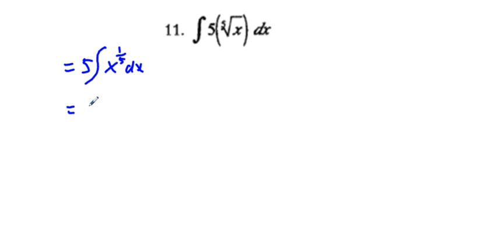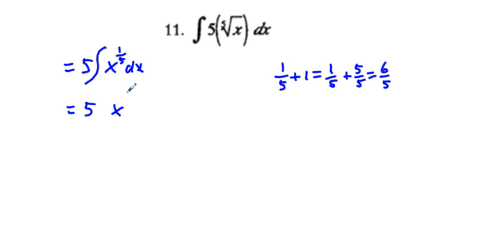And so what we're going to do in integrating now is we take 5 times x. Now we're going to have to add 1 to 1/5. Well, what's 1/5 plus 1? Well, 1/5 plus 1 is the same as 1/5 plus 5/5, right? 1 is 5/5, so we end up with 6/5.